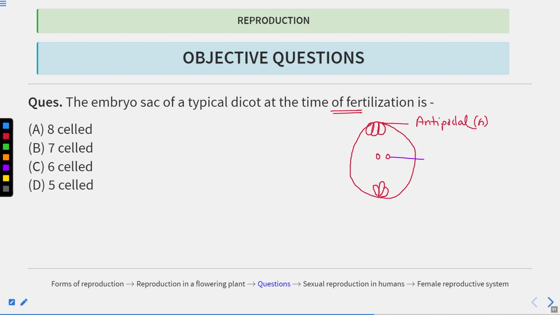Then these are the two polar bodies, and these polar bodies fuse together to form the central cell. And this one is the egg cell, which is again haploid, and these two are the synergids.